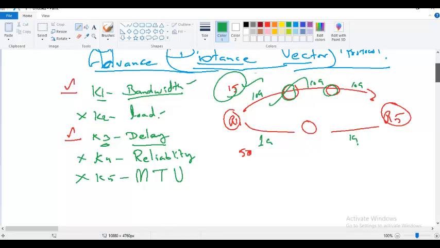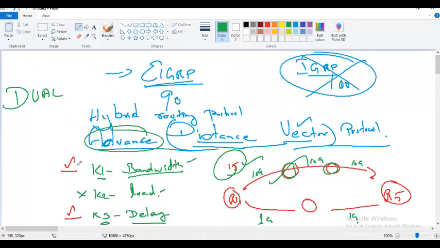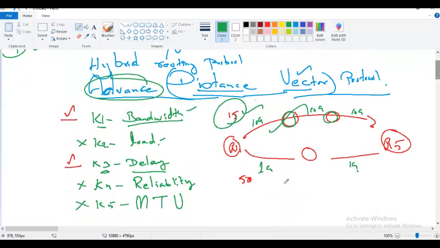Now your mind may say, then why did we learn RIP? RIP is not good, you know. It is seeing only hop count, not focusing on bandwidth and delay. See, depending on the situation, the importance will be given. In some situation, you may not be willing to focus on bandwidth and delay. You want to only see the hop count.